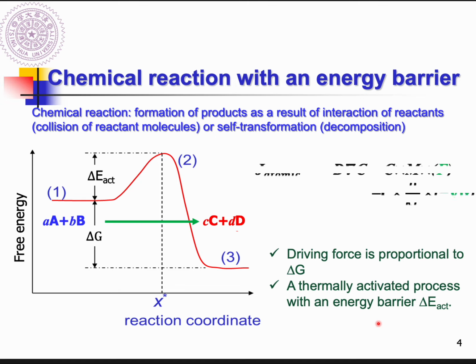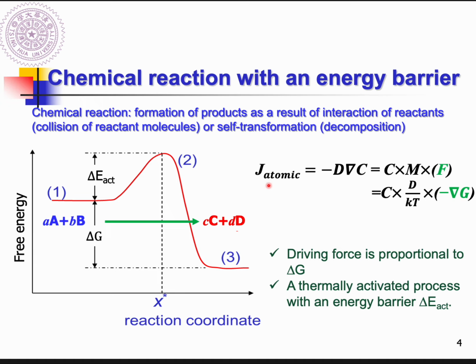Following this, thermodynamics just tells you the direction of this reaction is to the right-hand side, but thermodynamics doesn't tell you how fast this chemical reaction is. Kinetics tells you, right?